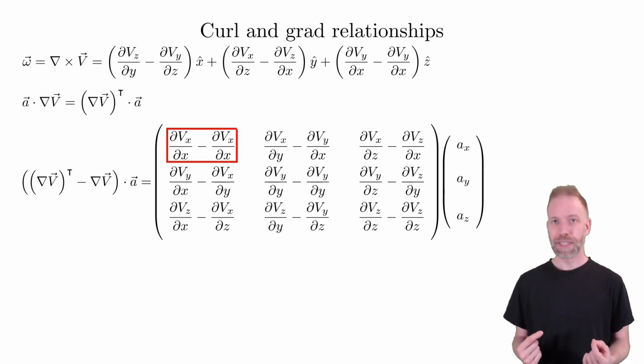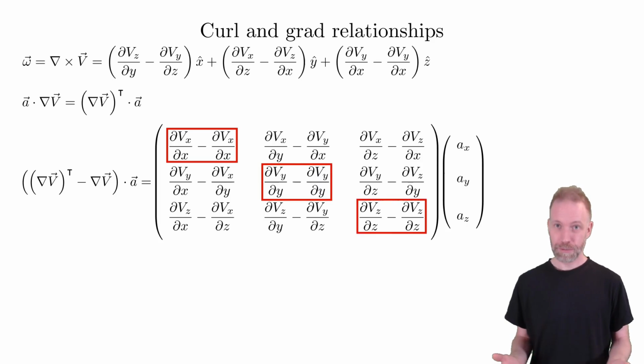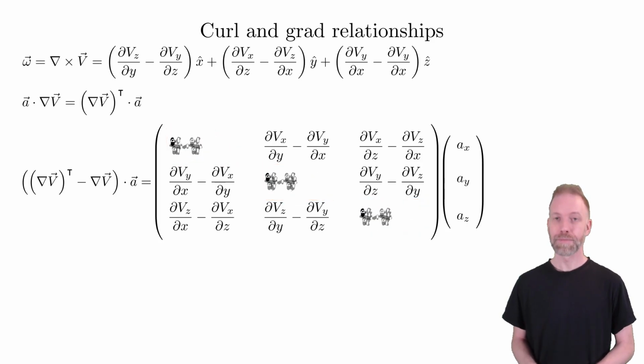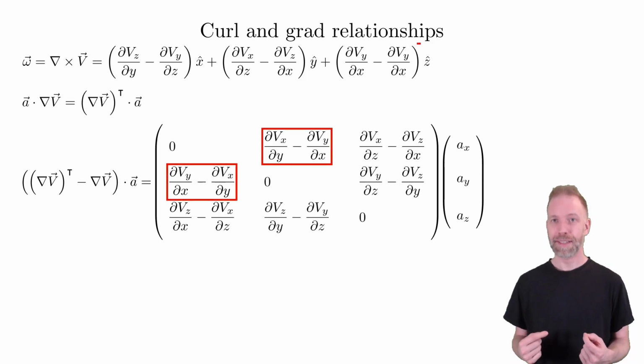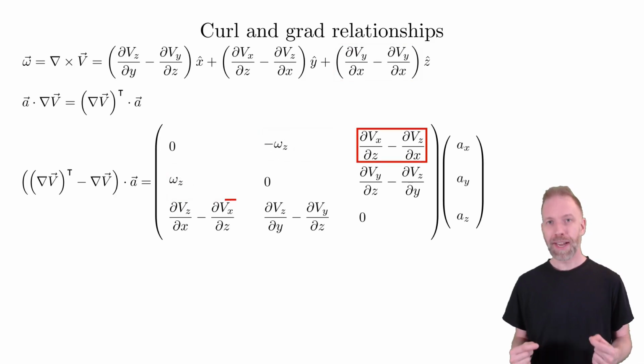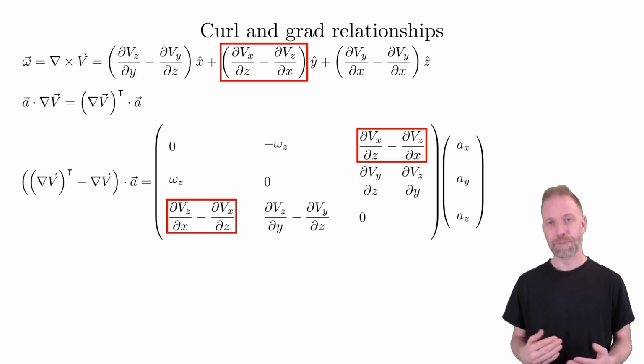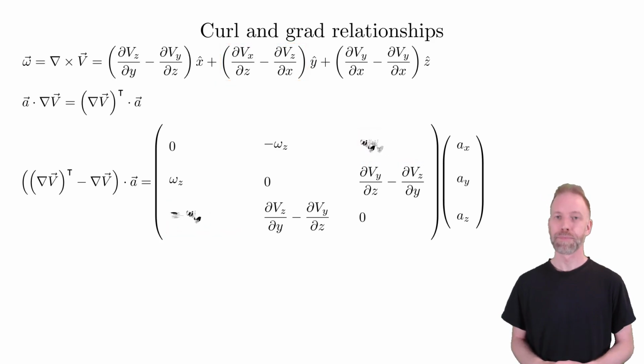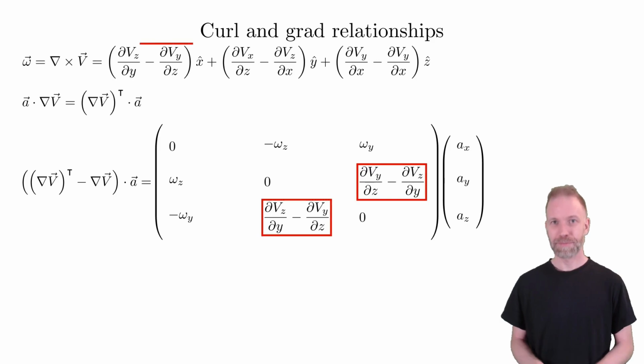We can first note that all diagonal elements will be 0. These two are minus omega z and omega z respectively. These two are omega y and minus omega y respectively. And these are minus omega x and omega x.